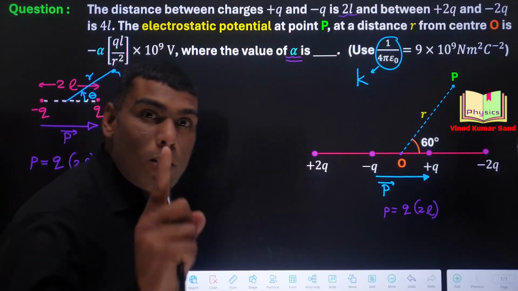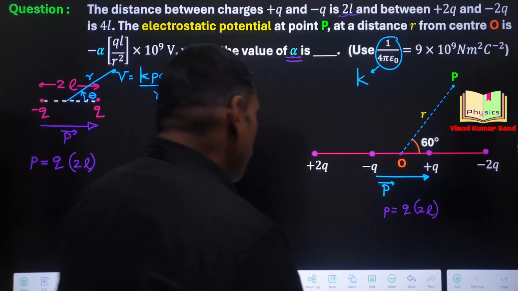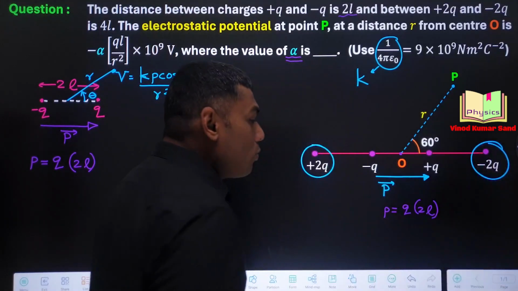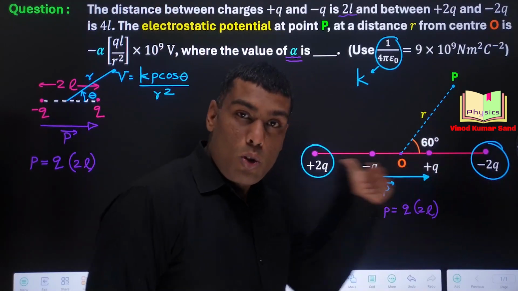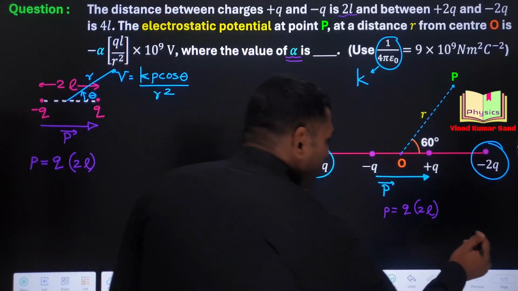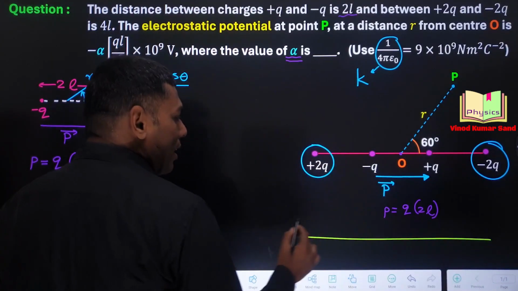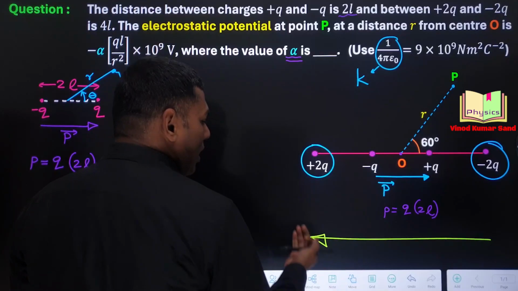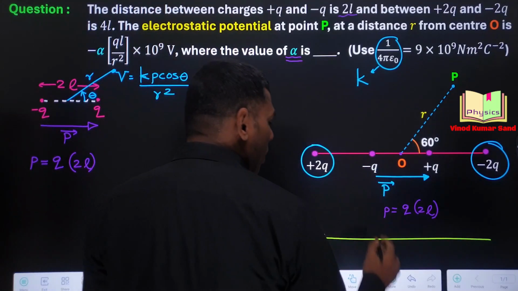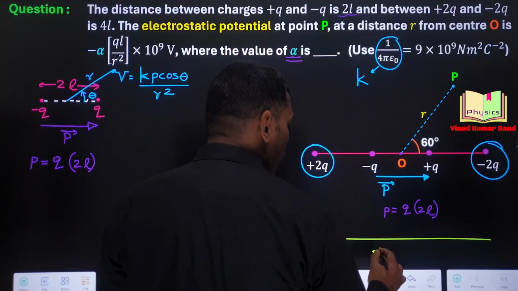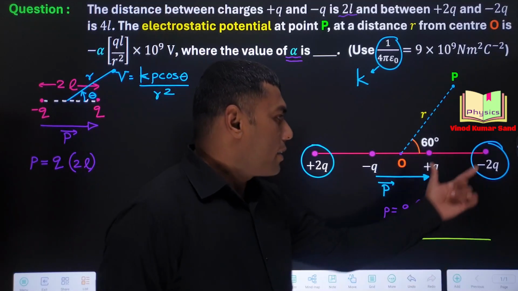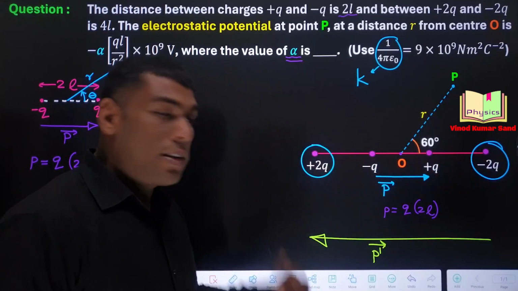Now there is another electric dipole visible. Focus on these 2 charges, plus 2q and minus 2q. From minus 2q to plus 2q, there will be another electric dipole moment which will be directed like this. We will figure out its magnitude. We call it, let's say, P dash vector. The P dash vector is directed from minus 2q to plus 2q.